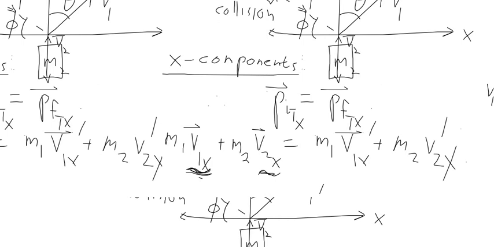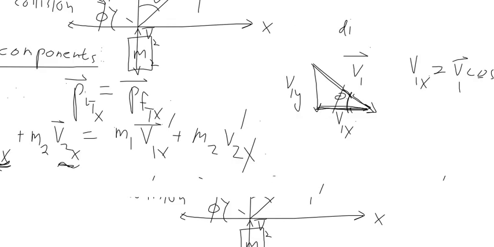Otherwise, the equations won't make sense if you don't have everything in order. So we have diagram 1 here for v1. Now we need a diagram for v2. Let me label this diagram 1. Then we have diagram 2.